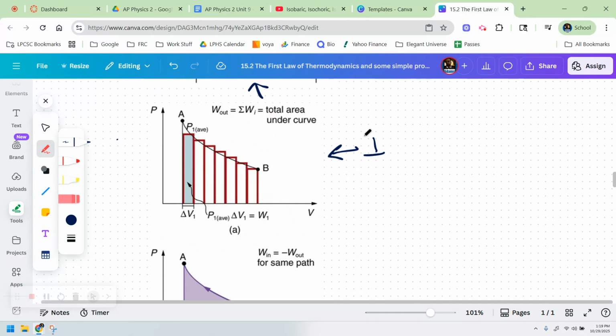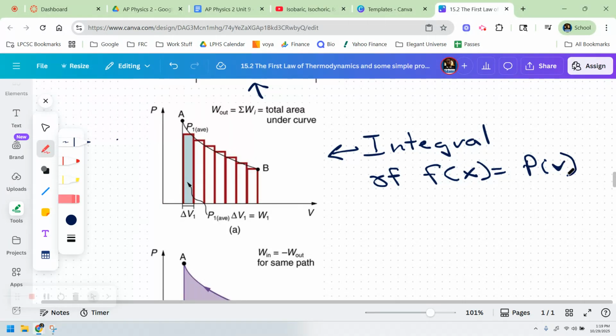So you would take the integral of the function, or in this case it would be P of V, right? The pressure as a function of the variable. And so what are you talking about, Mr. Adams? You could do calculus on this curve, right?